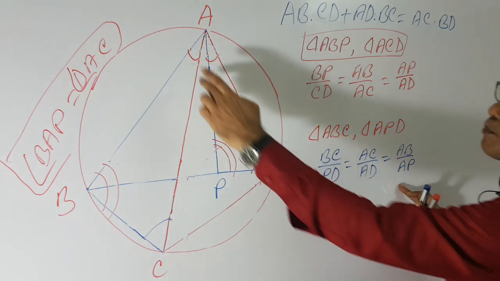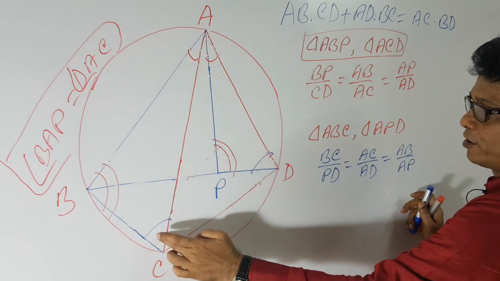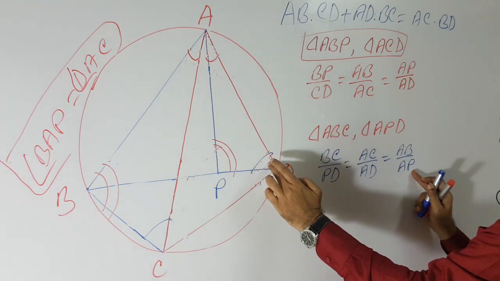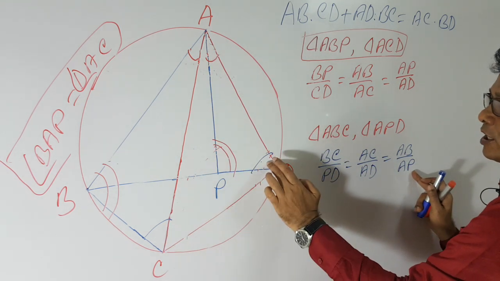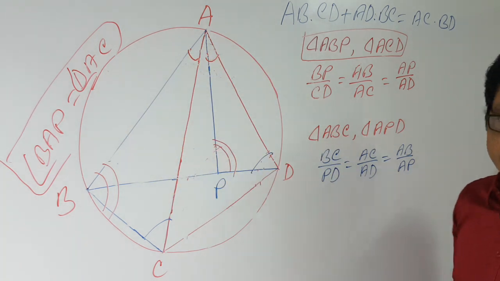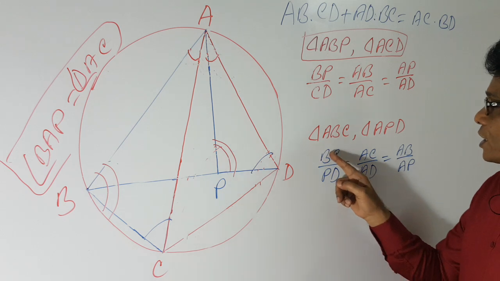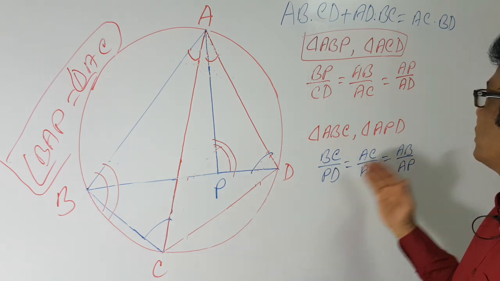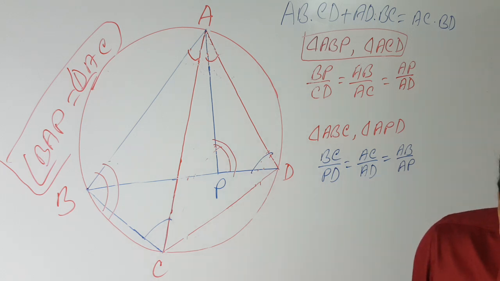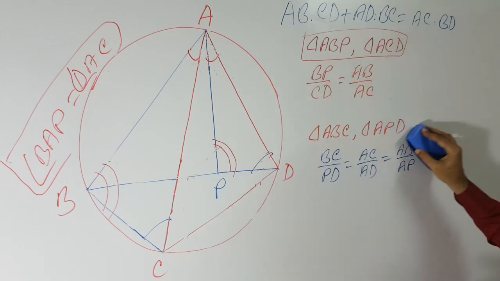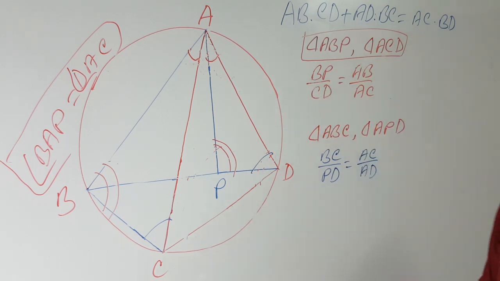AB opposite this angle, AP opposite the equal angle, so AP and AB are corresponding sides. Ratios of corresponding sides are equal, that means proportional. But we will need this part and this part. Okay.